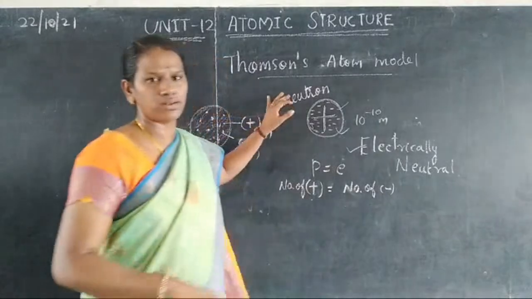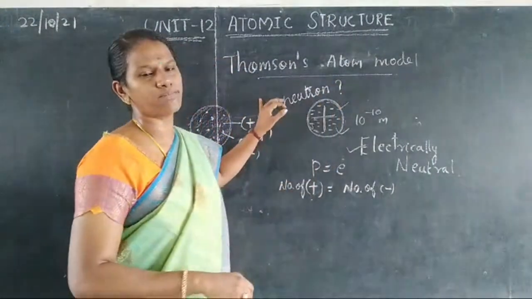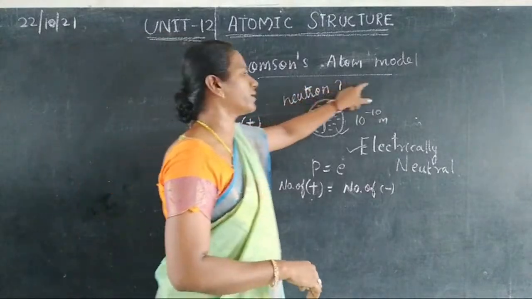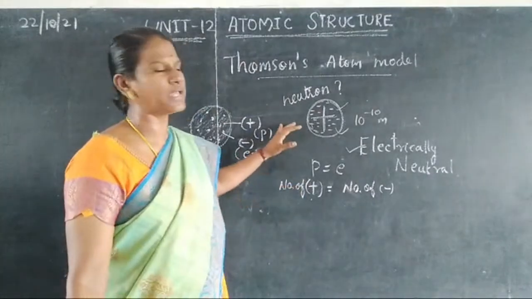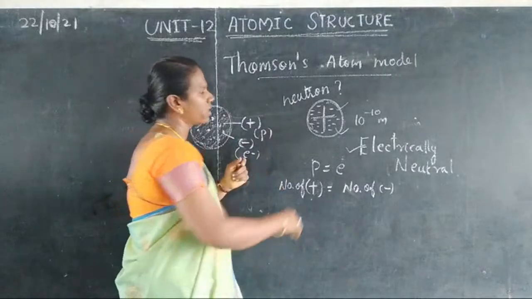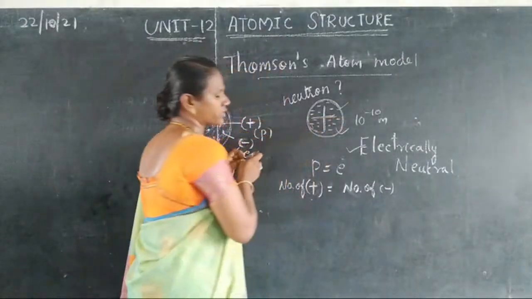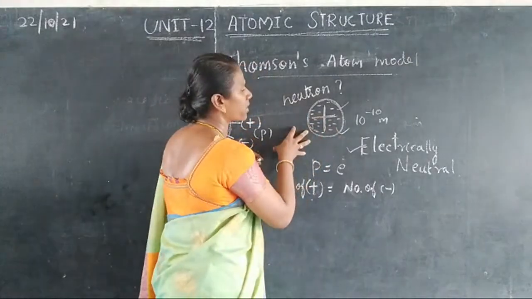He didn't explain the neutral particle neutron in his atom model. And one more failure is that he told the electrons are embedded in the positive charge.